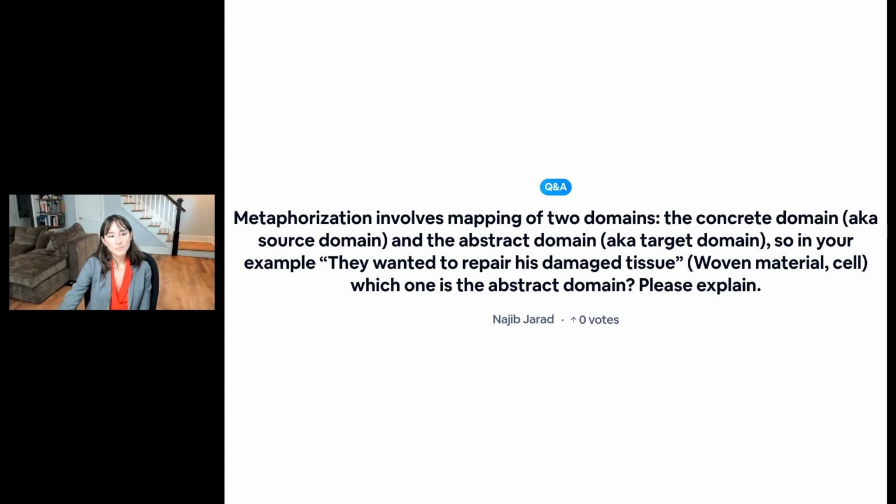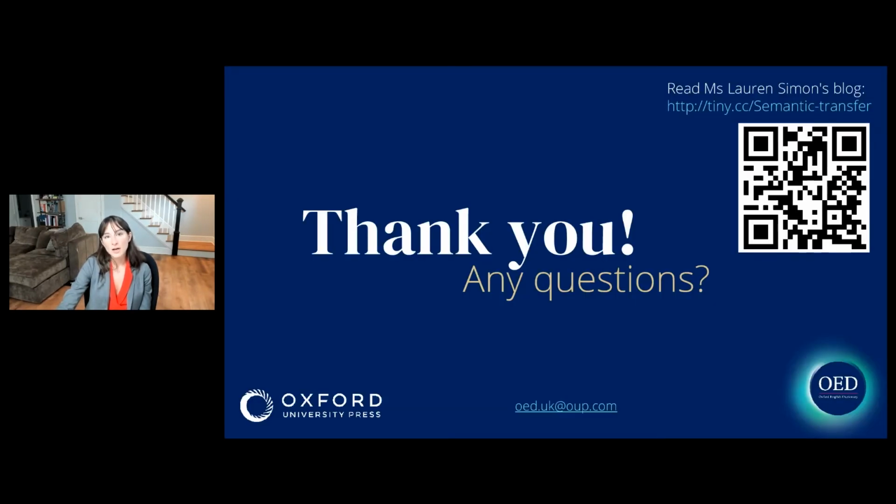Please explain. In my understanding, in the definitions I've used of metaphorization, the two domains don't necessarily have to be concrete in one case and abstract in the other. But it certainly would require an abstraction to go from a tissue, for example, in the sense of woven material, to the human body and cell structure.